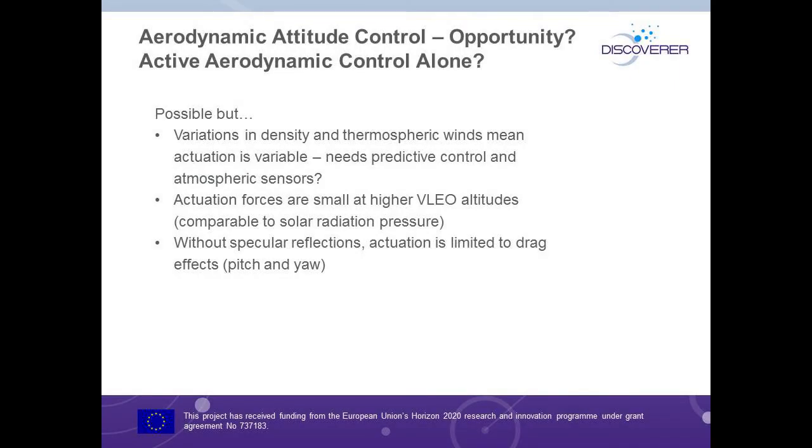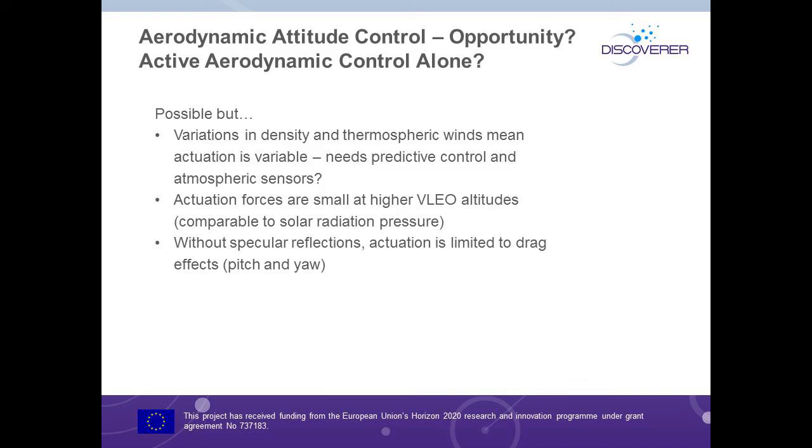If we looked at this idea, though, of active aerodynamic control on its own, can we achieve that? I think there are some interesting issues that we perhaps need to address. It's possible, but we know there are variations in the density, and the thermospheric winds mean that if you do have aerodynamic surfaces, then the amount of torque that you get from that aerodynamic surface is varying depending on the atmospheric conditions.